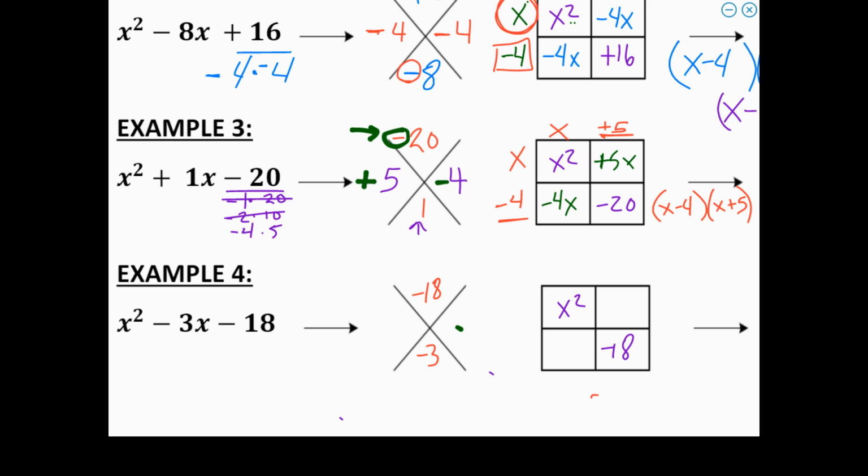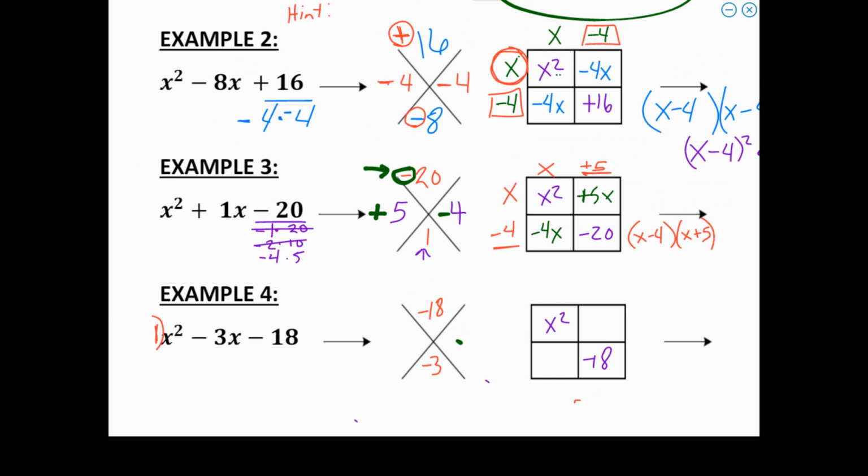Notice that when my a is 1, I don't really need the boxes because whatever factors I get are the numbers that get paired with the x in my parentheses, right? Okay, that only works when a is 1. When there's no number in front of the x squared term, I mean, there is a 1 there. It's just a 1, okay?